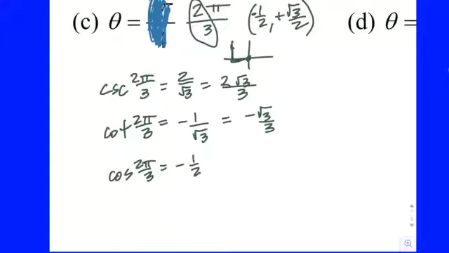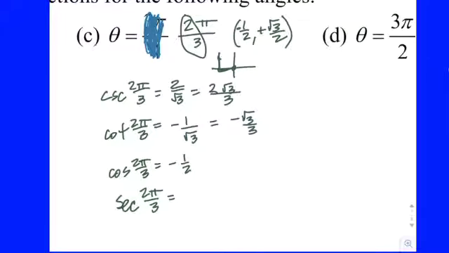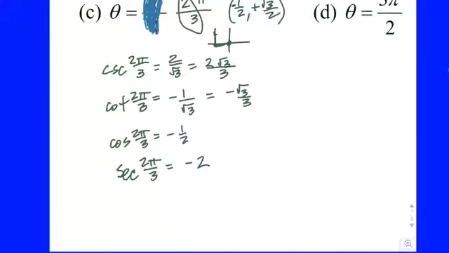Okay, how about, we've already done co. Sorry, my bad. Secant. Secant of 2 pi thirds. Secant backwards is cosine, dude. Negative 2. It's the reciprocal of the x-coordinate. The x-coordinate is negative 1/2. You flip it to get negative 2 over 1, which is negative 2. Okay. How about tangent?